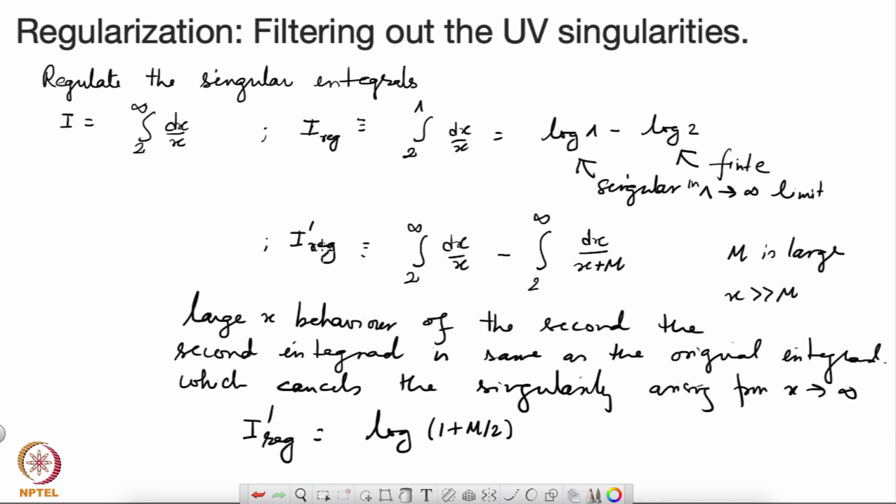So this is an intermediate procedure where I have regulated the integral, and when I put m going to infinity, this gives you a divergent contribution. It's a divergent result, which you already know it should be. But for any finite but large m, this is a finite thing. So these are kinds of regulators that we use in the Feynman integrals also.